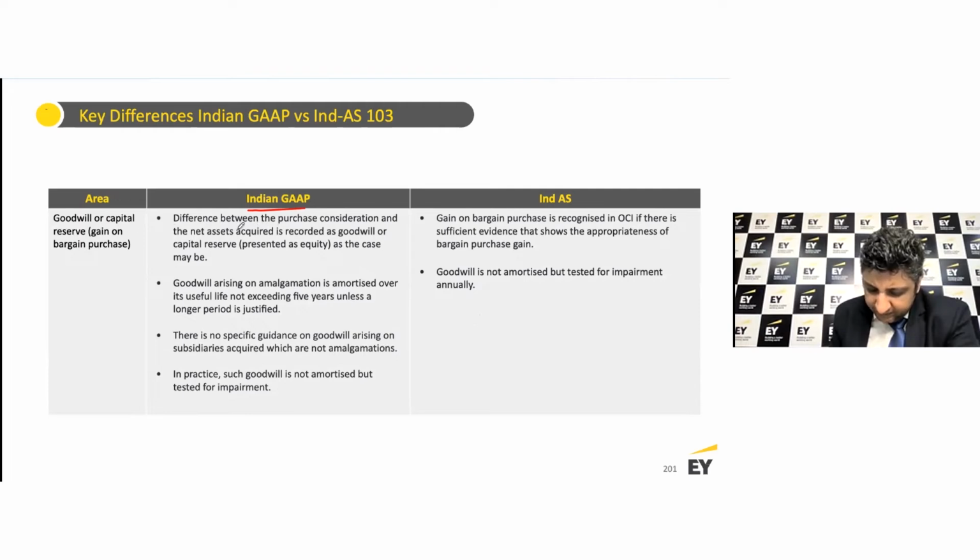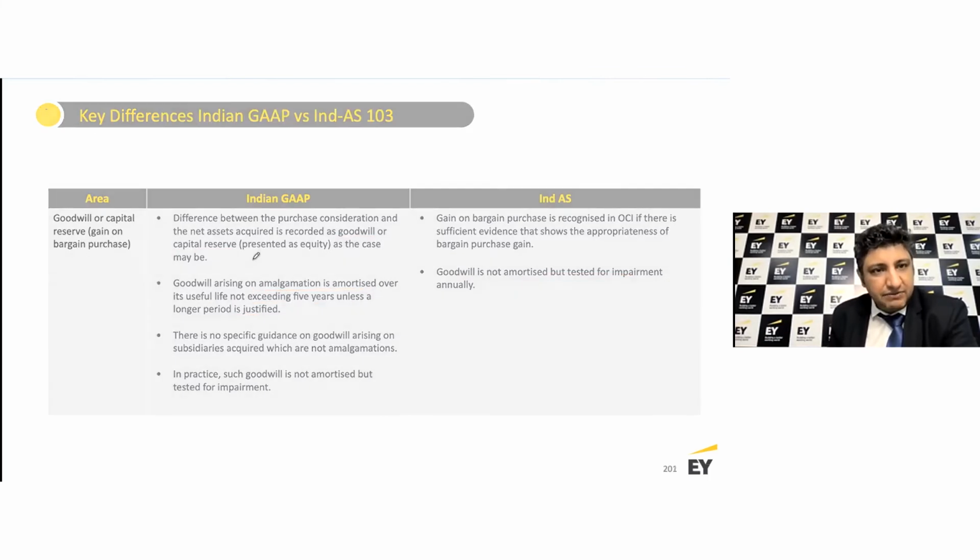Any goodwill which arises under the AS framework is subject to amortization, which is not at all applicable as far as the Ind AS is concerned. That is something you need to consider well. As far as the recognition of goodwill or capital reserve is concerned, a similar treatment is done even as per the Ind AS.